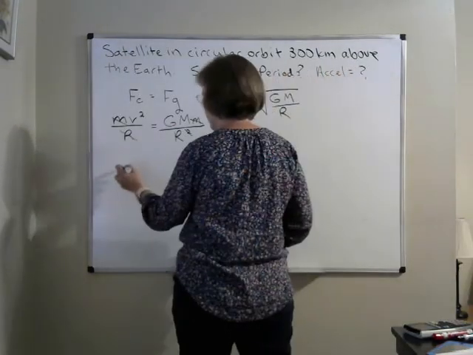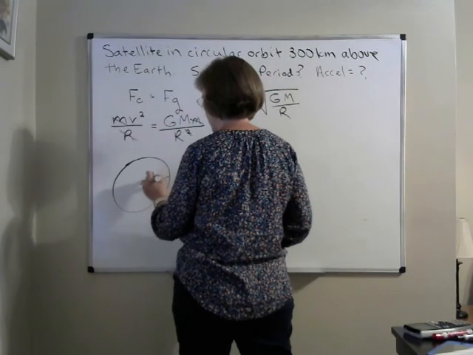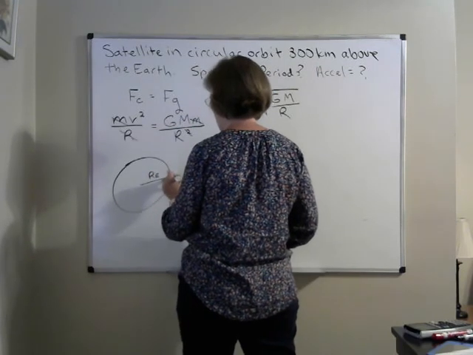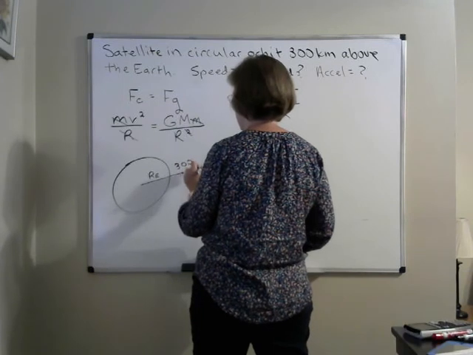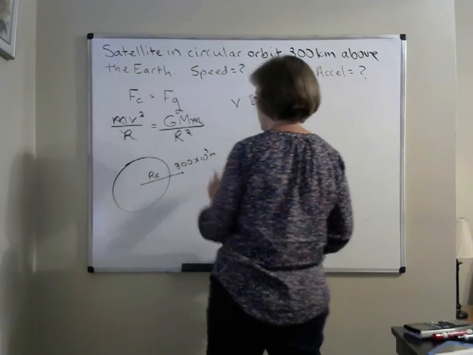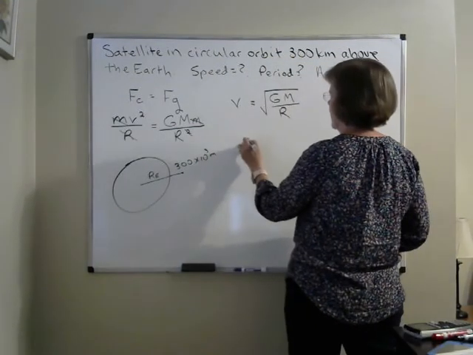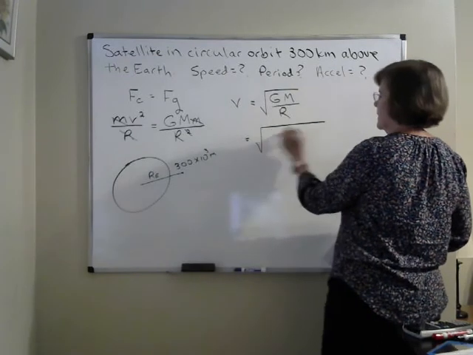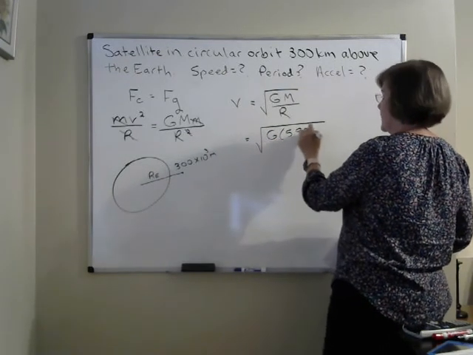Now for Earth, that's going to be the radius of the Earth plus 300 kilometers. 300 times 10 to the third meters. So I just have to solve for r. G's in my calculator. The mass of the Earth, I should probably put it in my calculator.